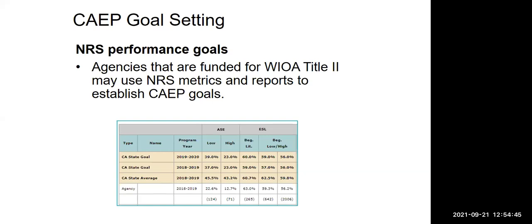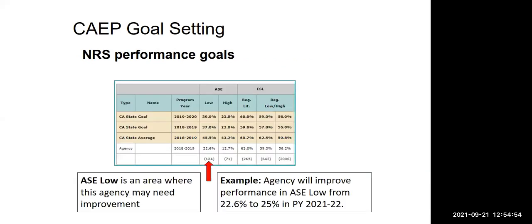In this example, we're using the data portal to generate our agency level information up through 1920. We're just cutting to the chase and saying we're looking for federal levels. Again, we're using NRS as our mechanism, so we're looking for those NRS areas of strength versus NRS areas where we need to improve.